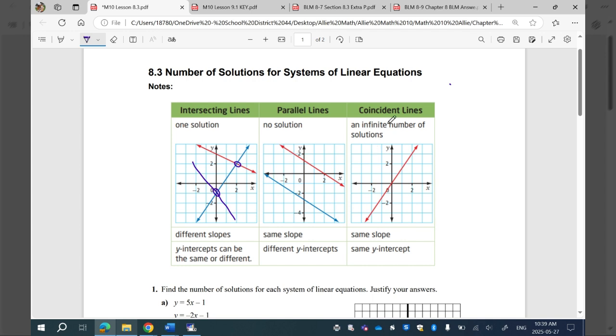And the last one we call coincident lines or coinciding lines. So they have an infinite number of solutions. You might see it as infinitely many solutions. You might see it written like that.